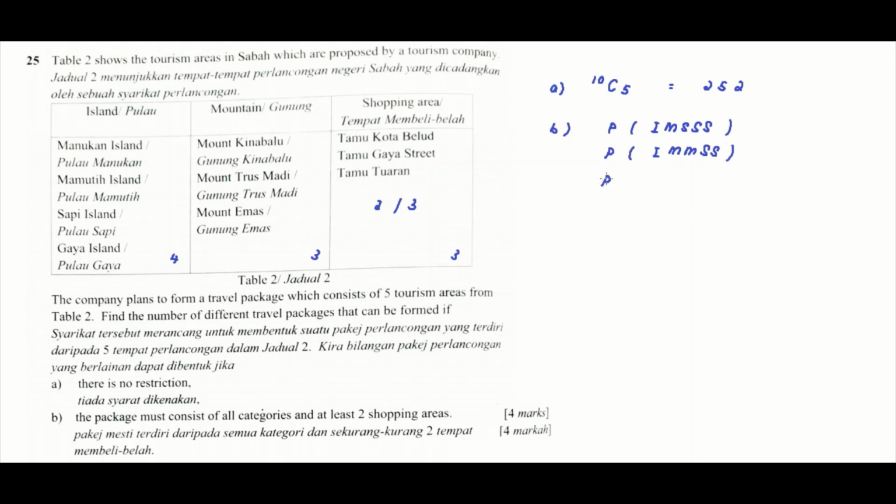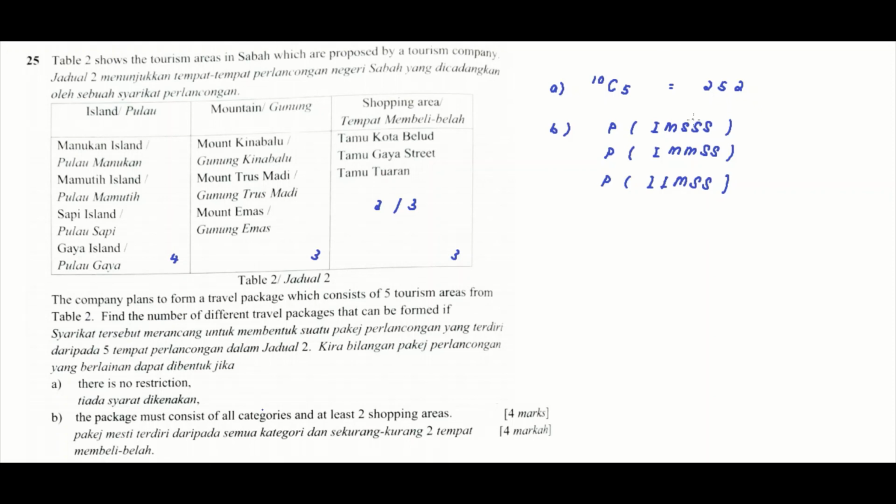Then the last one: just now we talked about 2 mountains, so now I can also have 2 islands, 1 mountain, and 2 shopping areas. Do I still have other scenarios? No, no more, because I need to have at least 2 shopping areas. So I will have IMMSS, then after that IIMSS. The arrangement doesn't matter here, right? So that's all for the possible scenarios.